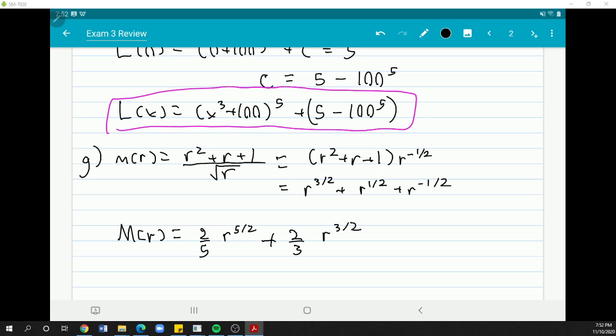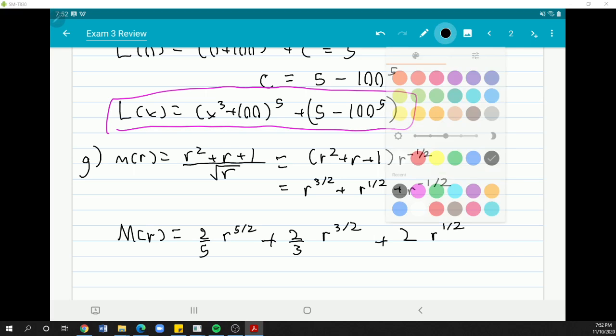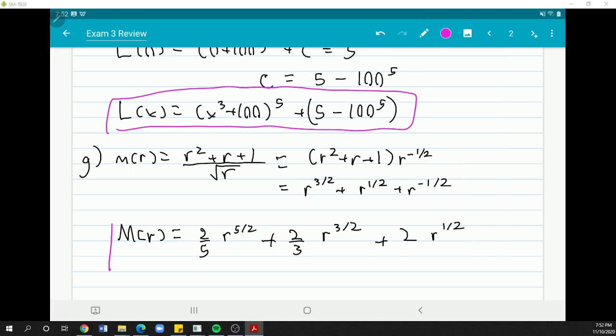So 2/3 plus now r to the 1/2. And I multiply 1/2 by whatever number I need to get 1. So this is 2. Again, that's my intuitive way to do power rule, but you can still just use the formula for power rule and it'll give you the right answer. Just not quite as quickly.